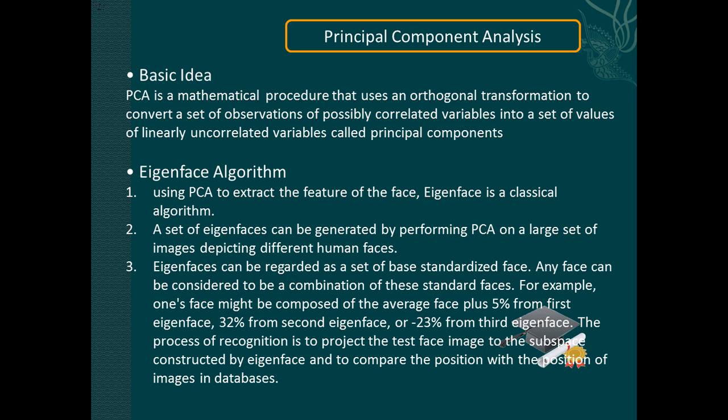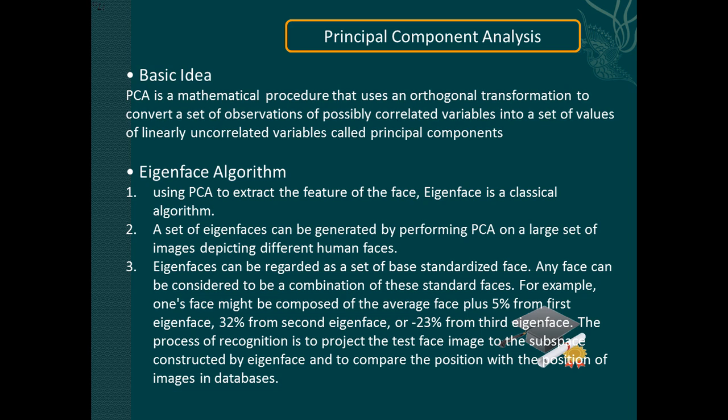This is the definition from Wikipedia. It looks abstract to understand. So you can regard PCA as an algorithm to extract features of the face. And eigen algorithms are generally used in this process.